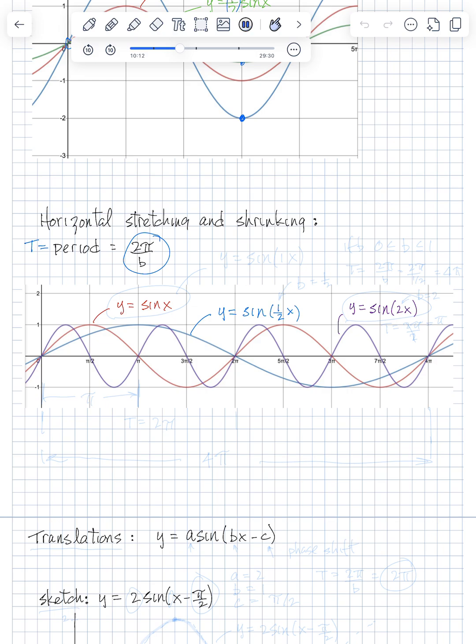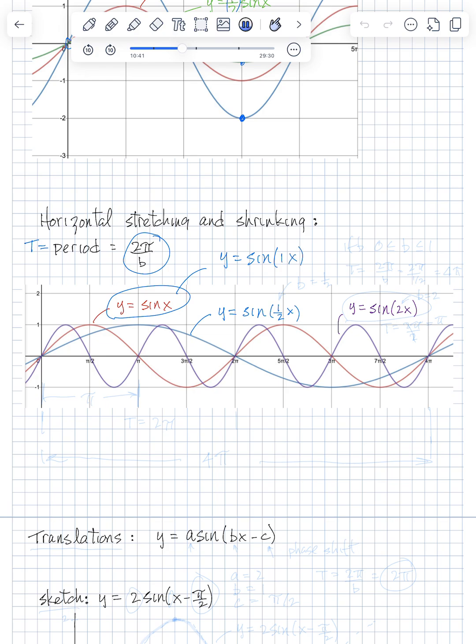So the red curve, this is our normal one, y is equal to sine x. You notice that A in this case is 1. And B is whatever is in front of x. So this is, I could have written this, y is equal to sine of 1x.